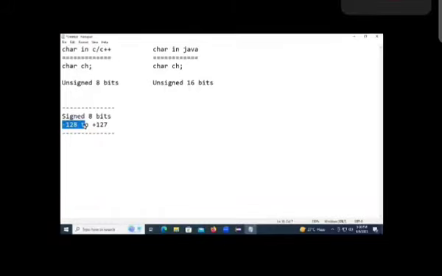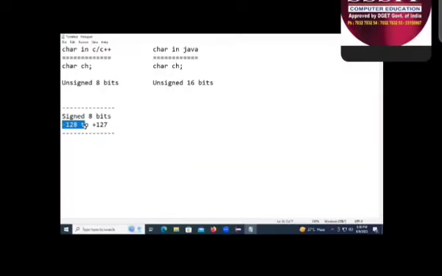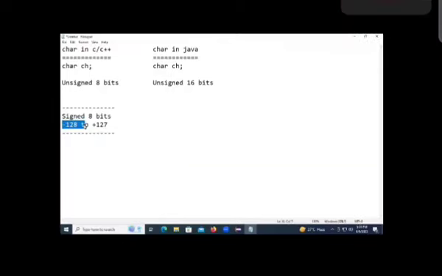So 127 plus another 128 numbers can be accommodated. So 127 plus 128 will be 255. So it will be 0 to 255. Getting it now?